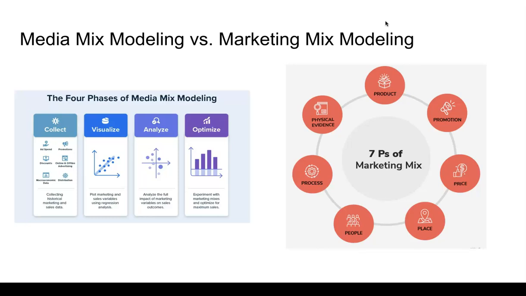So we like to call it the 7 P's. Some people may learn the 5 P's, but marketing mix modeling is more focused on product, promotion, price, people, process, physical evidence, while media mix modeling is more focused on the actual ad channels.